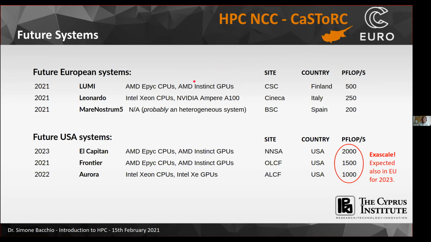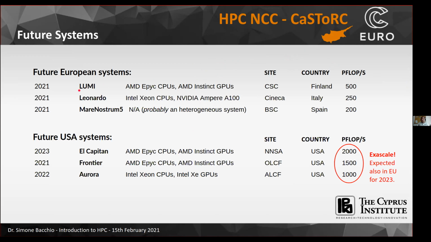each architecture requires dedicated development of the software. So a question came in: what is the cost of these HPC systems? These projects are of the order of between 10 and hundreds of millions. I don't remember correctly for LUMI; I think it was around 200 million, but maybe someone else can comment on it.